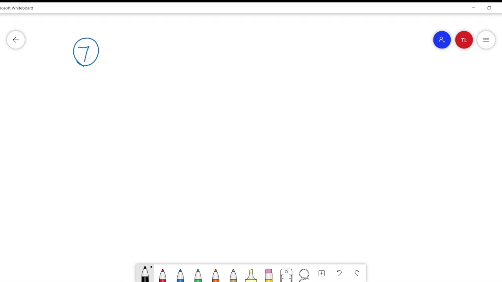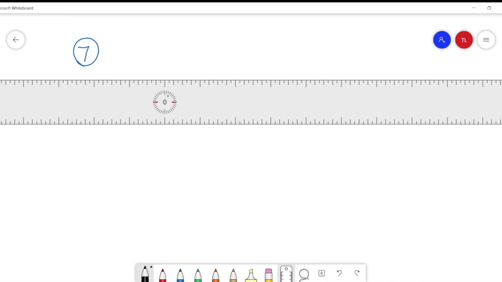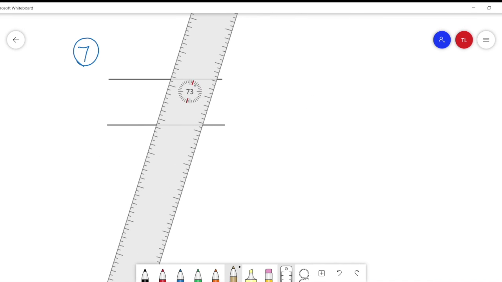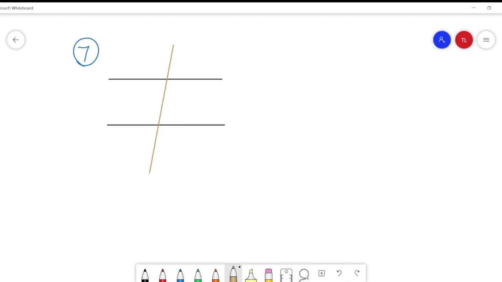Let's get us a diagram. All right, the diagram. Now, 1 is sitting here, 2 is there, 3, and 4.